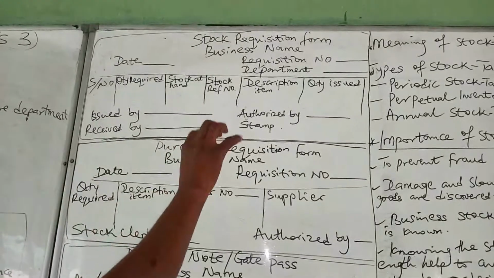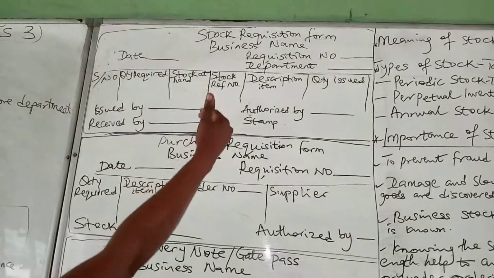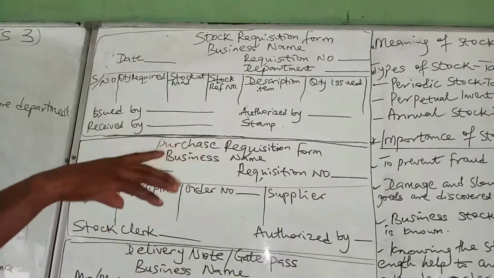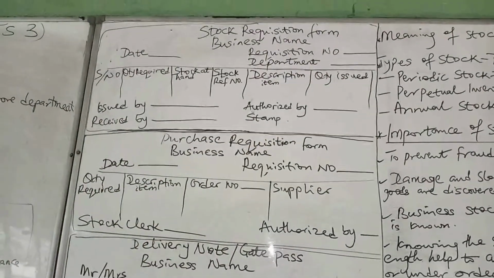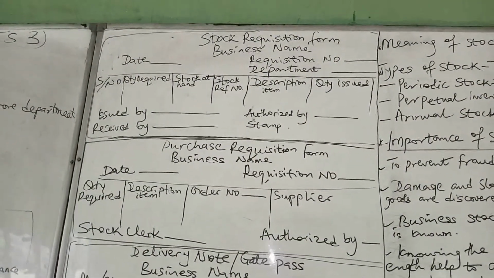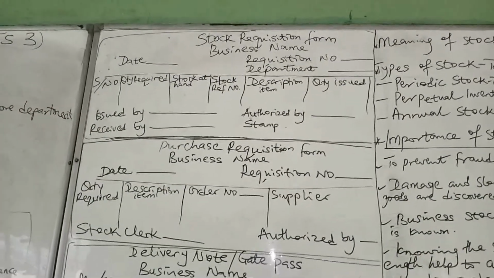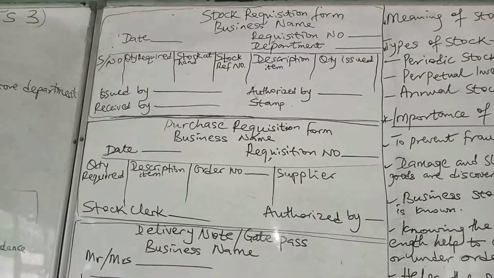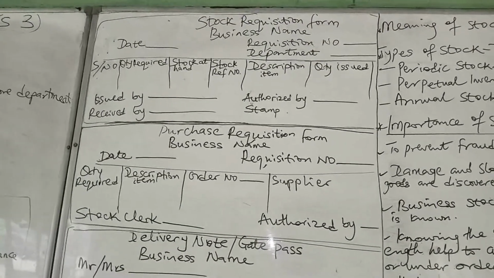Once they fill it, assuming it's the admin department that needs items, the authority there must authorize and then send it to the store clerk, who will now bring out the things they need. And before you bring this out, it must be recorded in the stock record card.